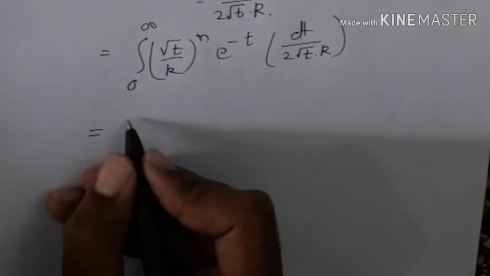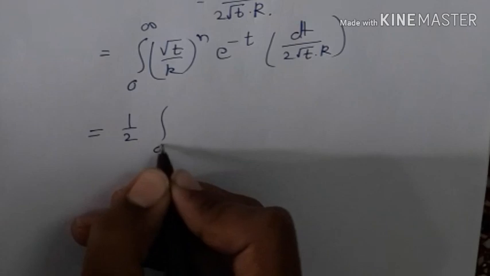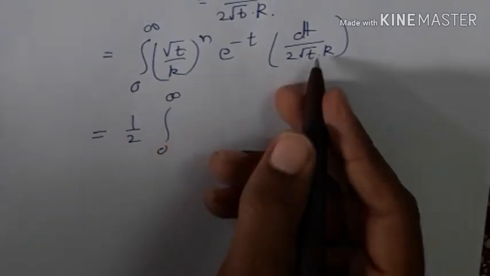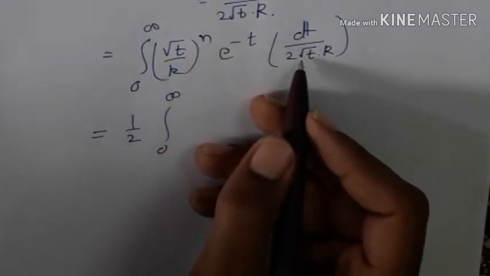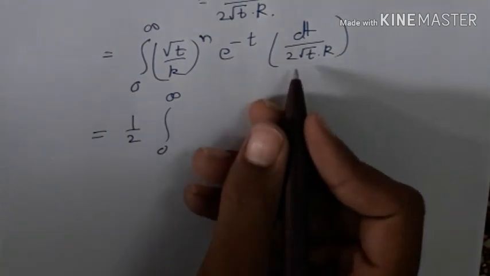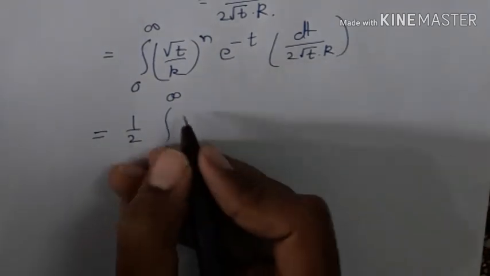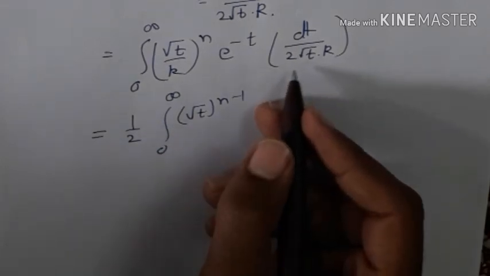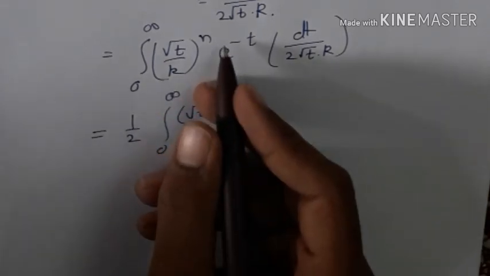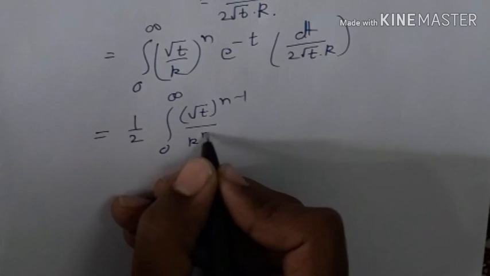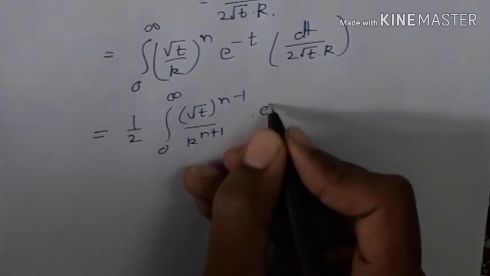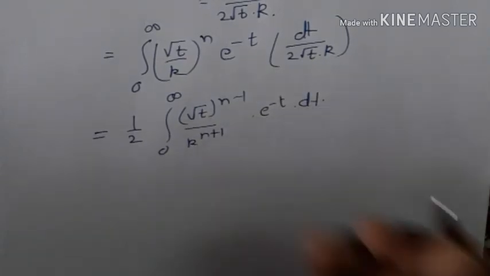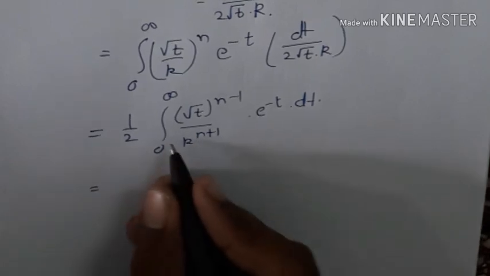Therefore, taking 1 by 2 outside, for the integral from 0 to infinity we have root t raised to n, and in the denominator root t, so taking it to the numerator we get root t raised to n minus 1. And here k with k raised to n gives k to the power n plus 1, into e raised to minus t into dt. Therefore, we take this k also outside.